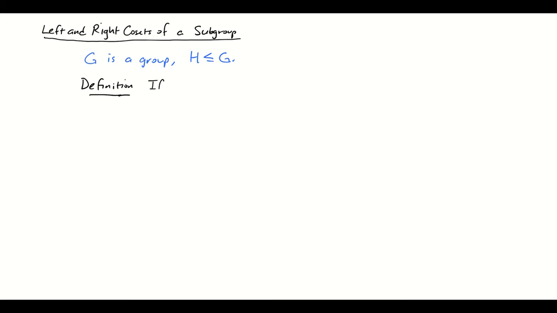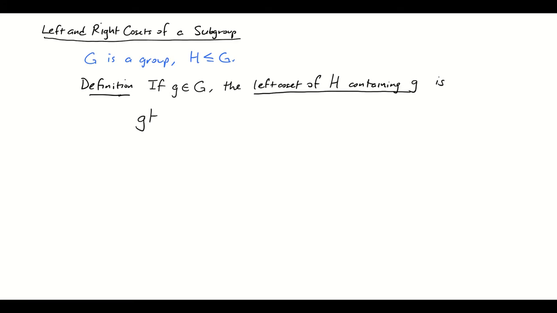If g belongs to the group G, the left coset of H containing g is, and here's the definition, written gH, and this is by definition the set of all elements gh such that h belongs to the subgroup H. Now notice here, when I use g in this set notation, g is already defined.